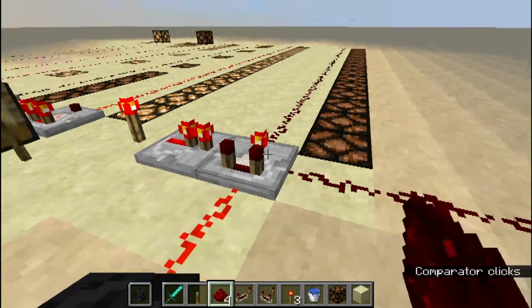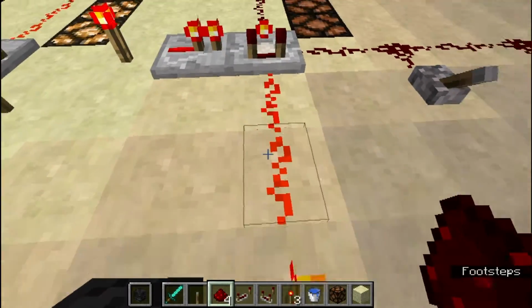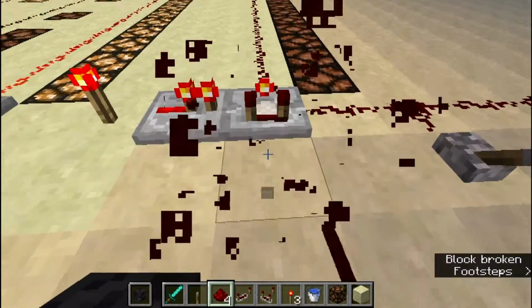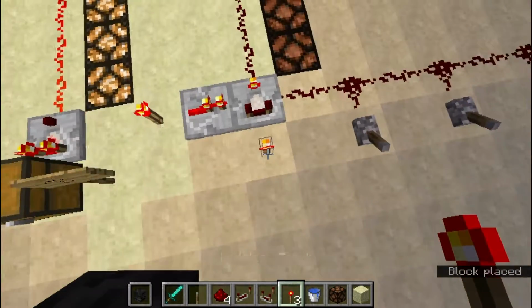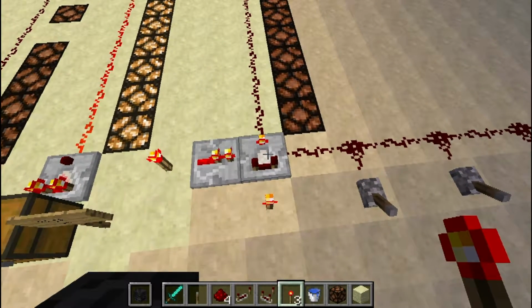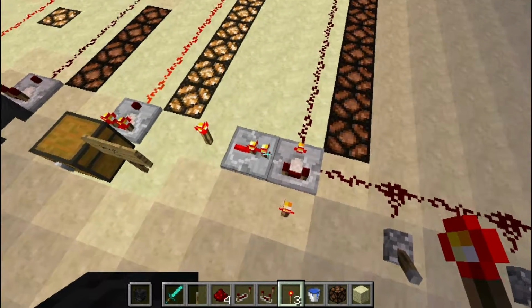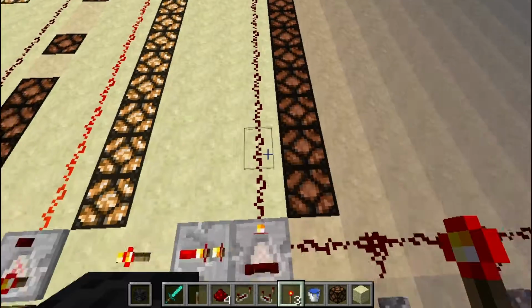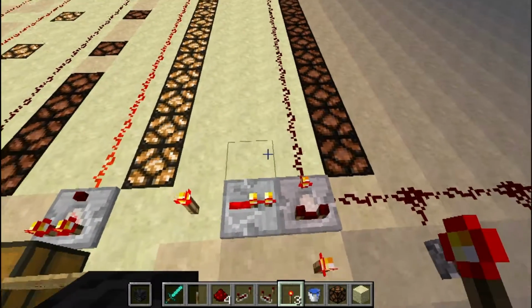Subtraction mode is when this one lights up. So basically, it's read like this: power behind minus power beside equals output. So basically, you have 15 minus 15, you get 0.